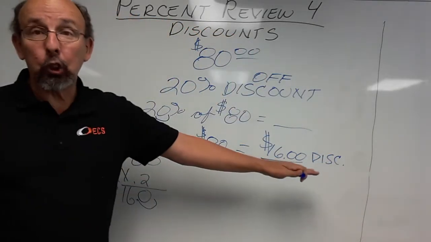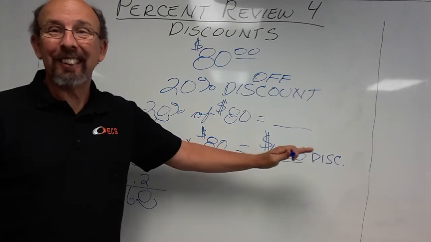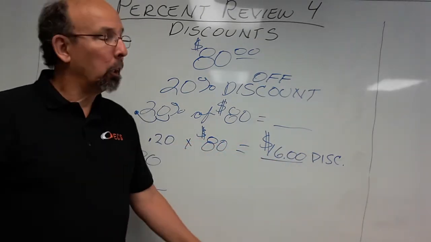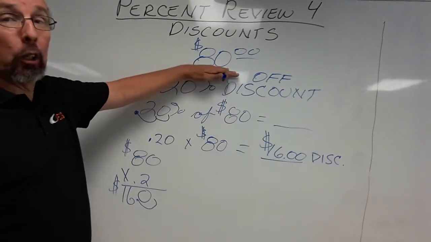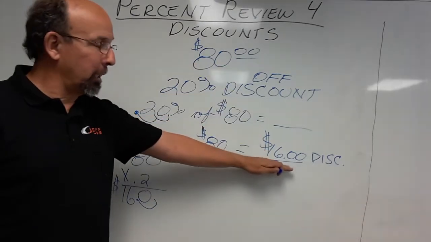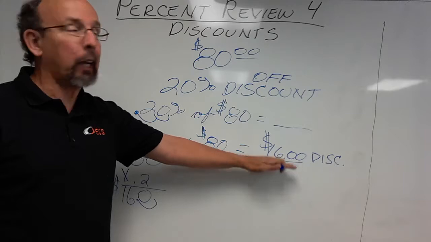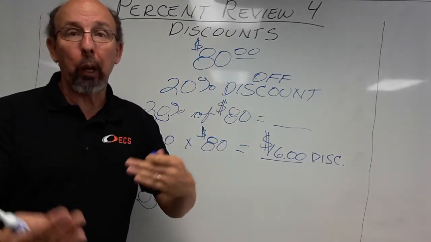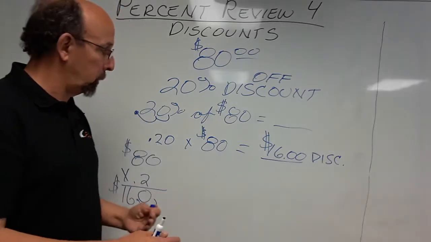That's not what you pay for the shoes. That is the discount. You say, well, then what do I pay for the shoes? Well, the price was $80. This is your discount. That's what you subtract from the price to get what you pay for those shoes.